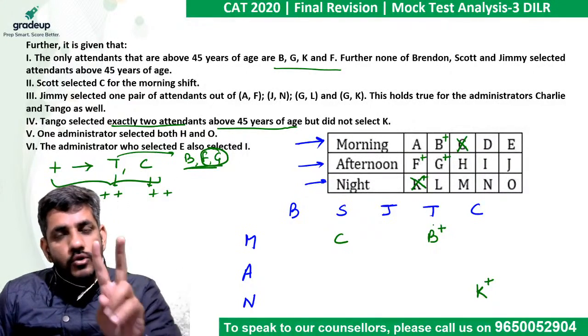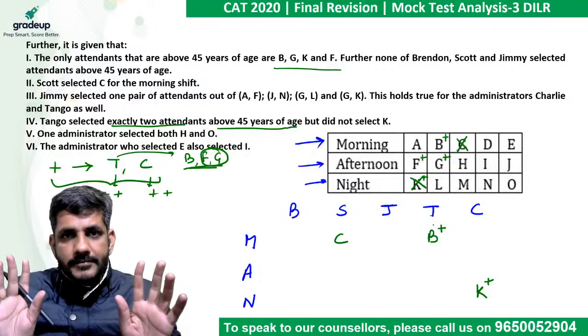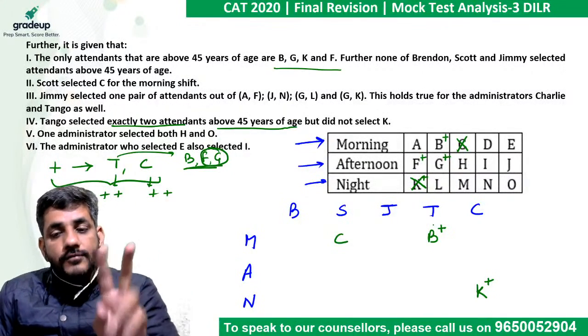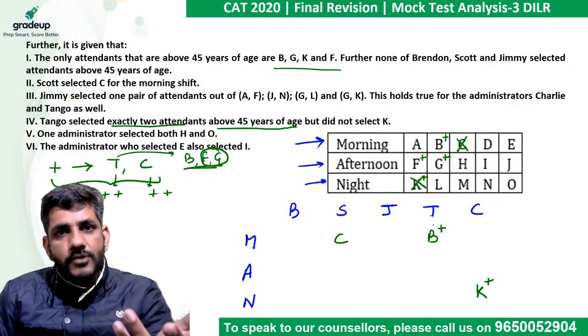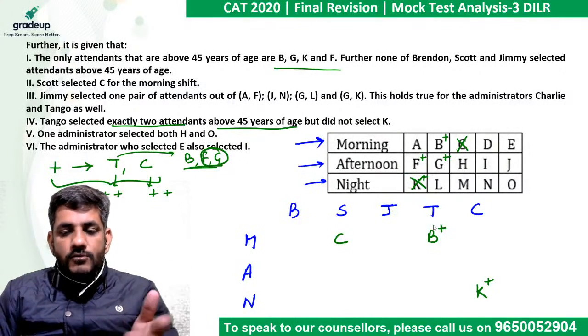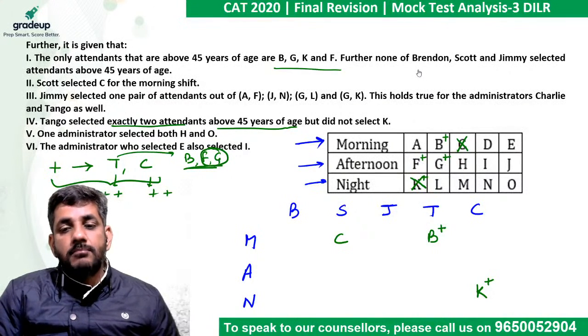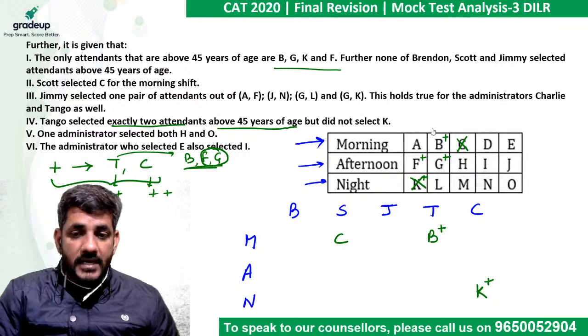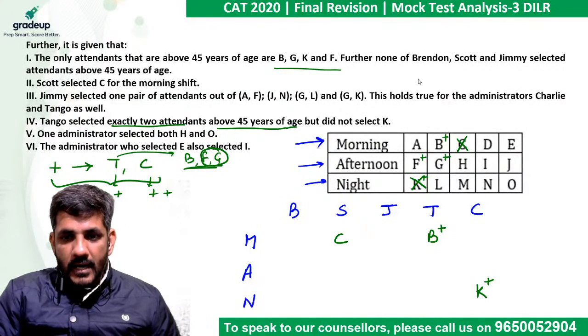Tango had to select 2 people. They cannot include K, so K went to Charlie, right? And those 2 people must be out of B, F, G. F and G are from the same slot, that is the afternoon slot. From the afternoon slot you cannot take 2 people. So therefore the morning slot person has to be selected by Tango only. I hope this is understood.